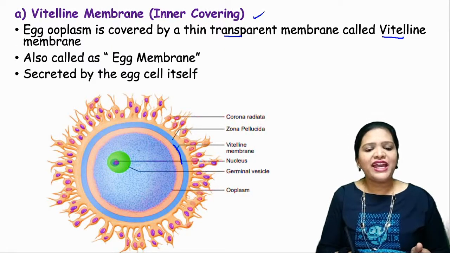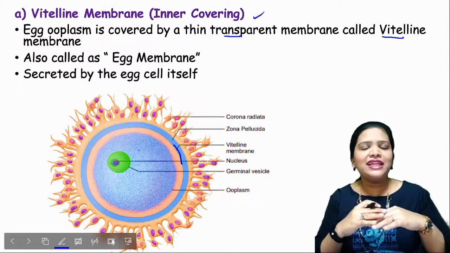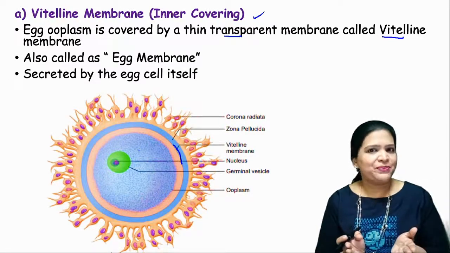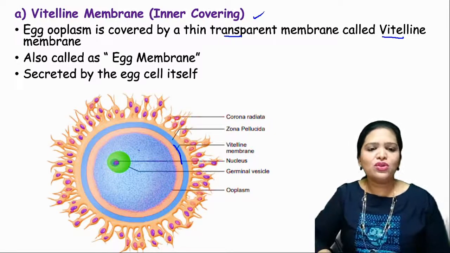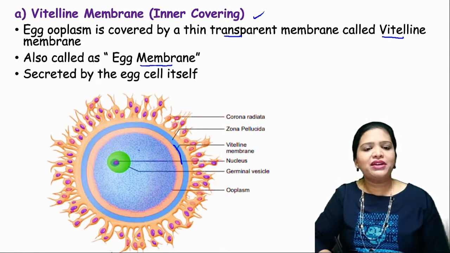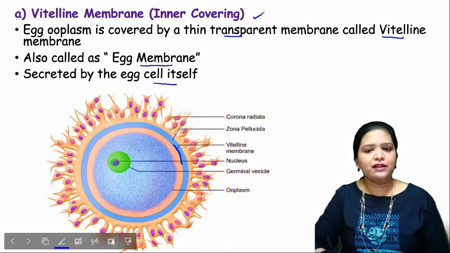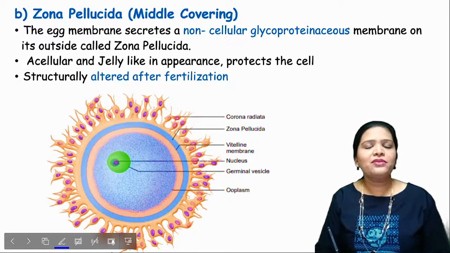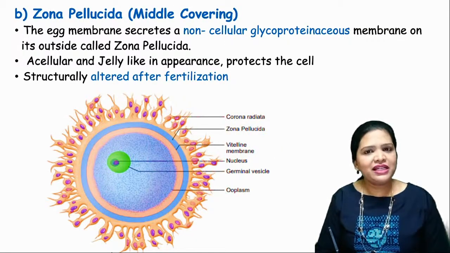The egg cell produces a thin transparent covering around its outer layer, hence it is also called egg membrane. Who is secreting the egg membrane? It is secreted by the egg cell itself. So this is the first membrane. Clear?